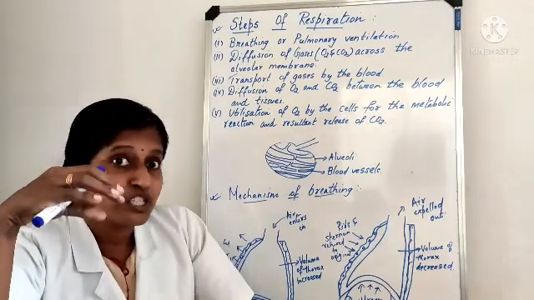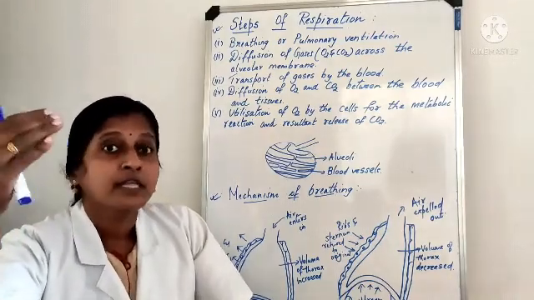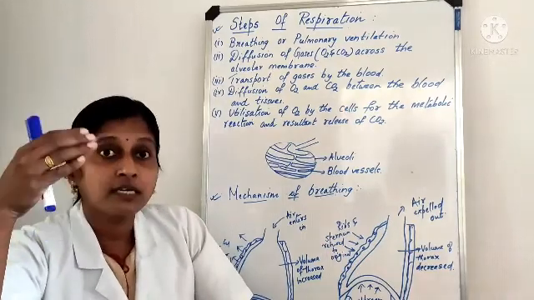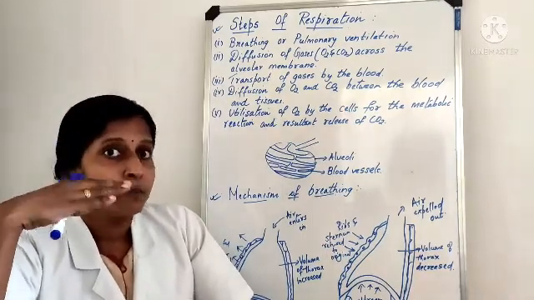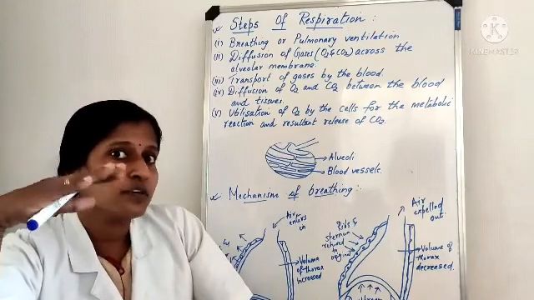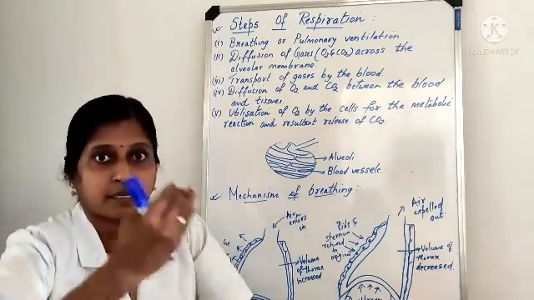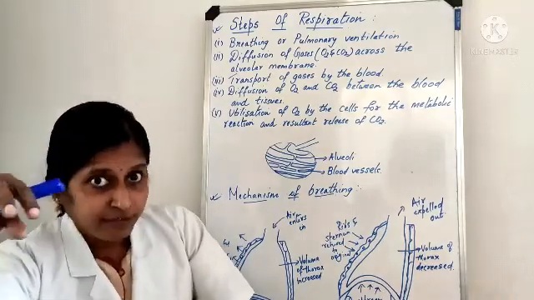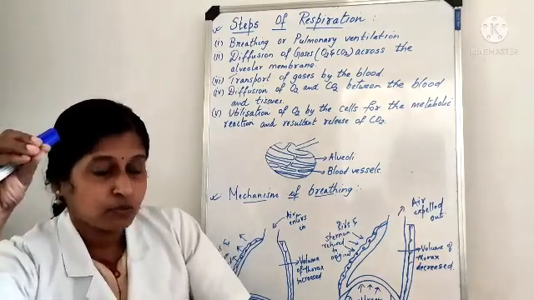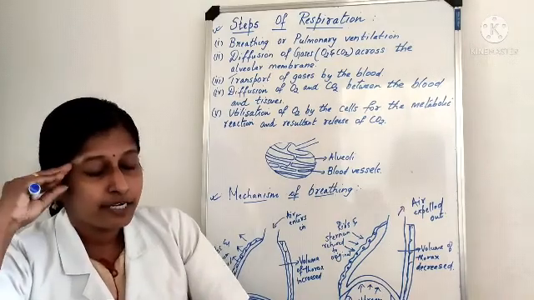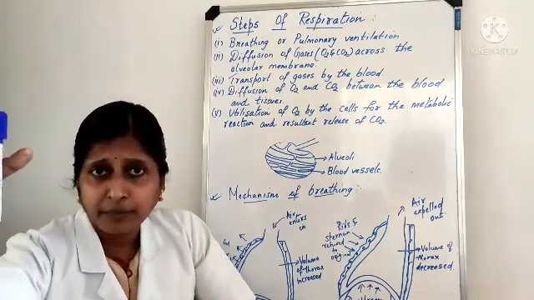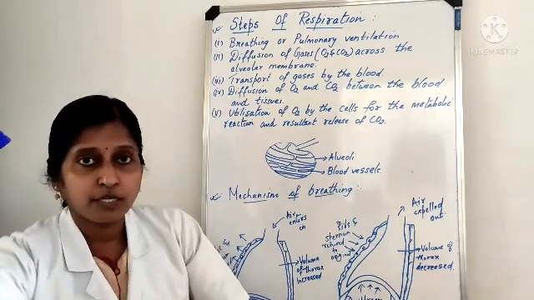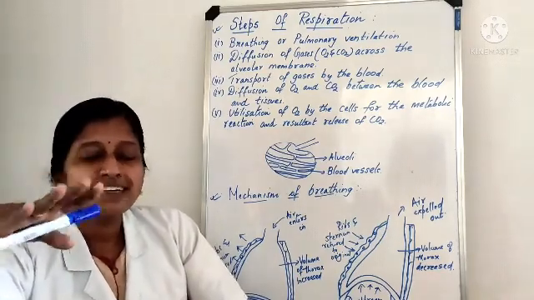The air is getting moistened because of water vapor. Then the air entering the lungs is brought back to normal body temperature. All these functions take place in the conducting part. Humidifying the air means adding water to the air, and trapping the microorganisms so that clean air moves into the lungs.